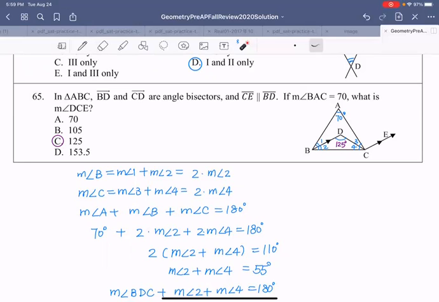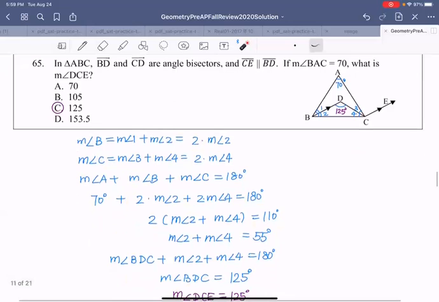And then you can subtract 70 from both sides, and group them together, because it's like simplifying it. Then you divide by 2. You get that the measure of angle 2 plus the measure of angle 4 equals 55.